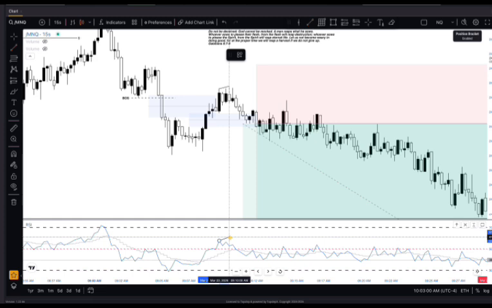Even though we could say, all right, here, equilibrium of the wick, could have traded that. Here we are on the 1 minute showing consolidation. I have barely any price action to follow. So I just avoided that.